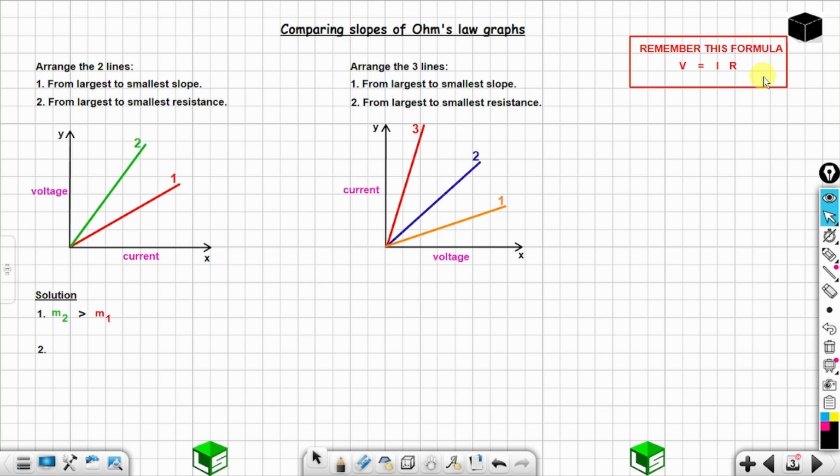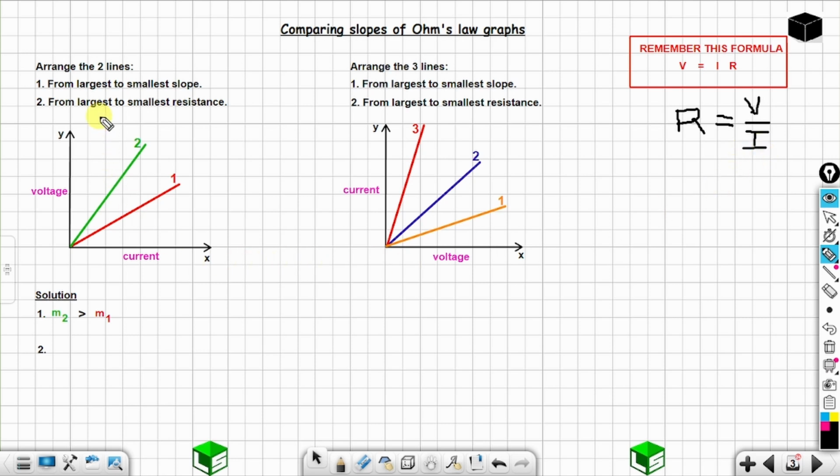Please check the link in the video description. So we have to compare resistance. What is resistance? The resistance is equal to V over I.